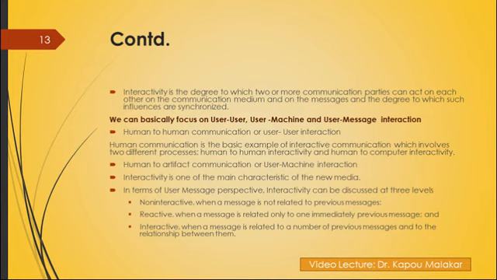Human interactivity is the communication between people. On the other hand, human to computer communication is the way that people communicate with new media. Human computer interaction consists of four main components, which comprises human, computer, task environment and machine environment.